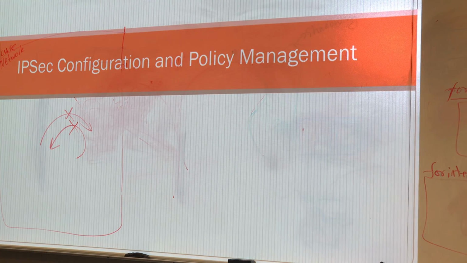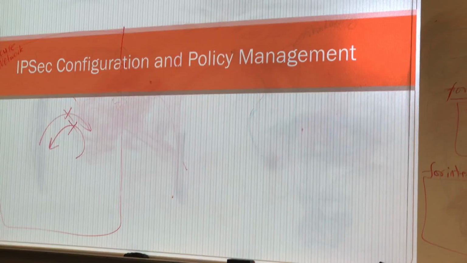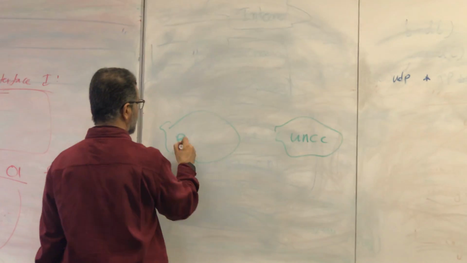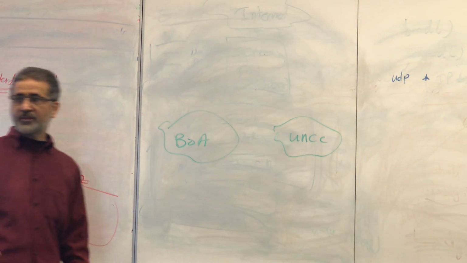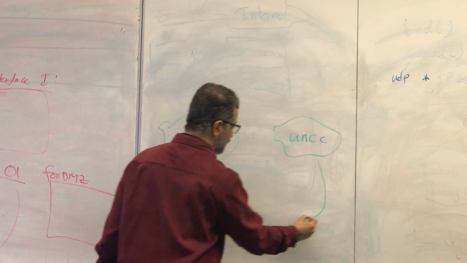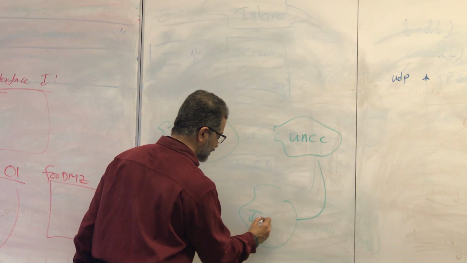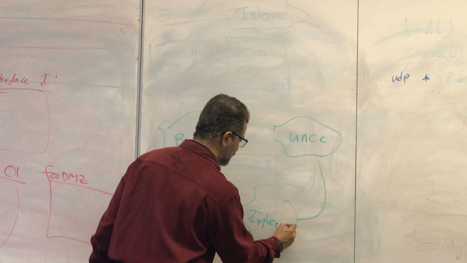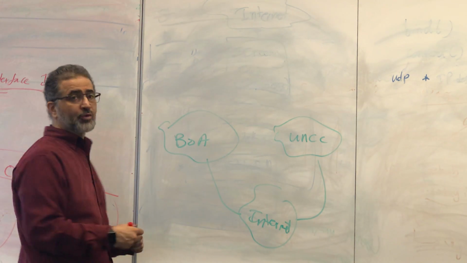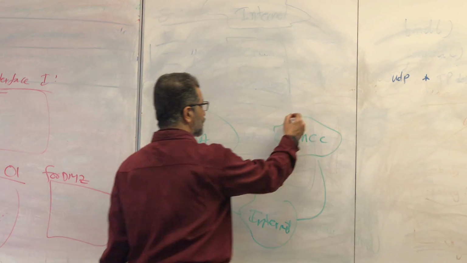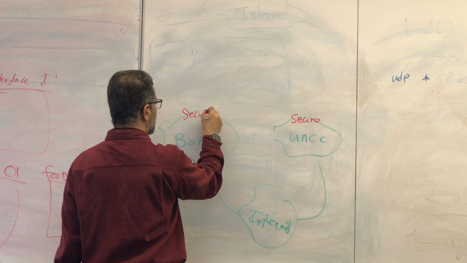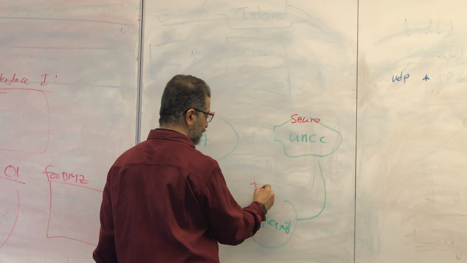So if you have two different domains, maybe UNCC and Bank of America, just for the sake of argument, and they want to communicate with each other through the internet. These two domains we call secure domains. This is a secure domain, this is secure, but the internet is insecure.